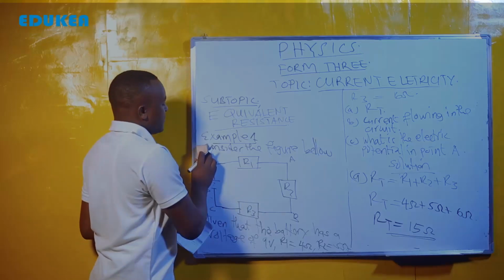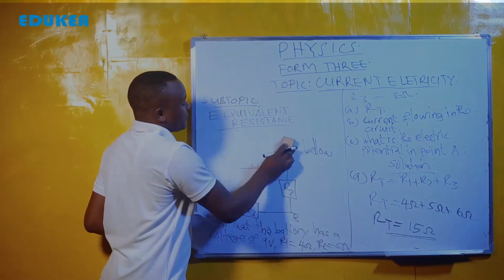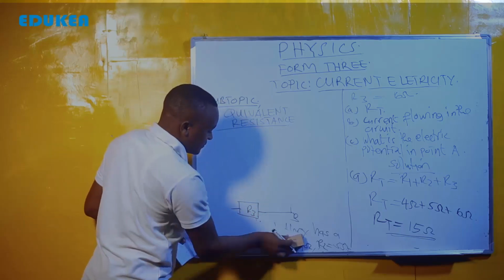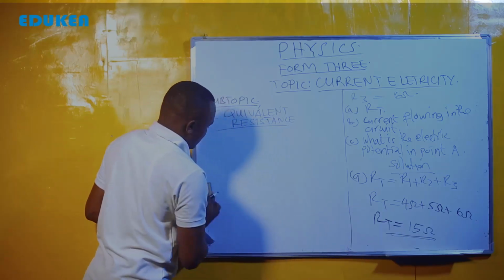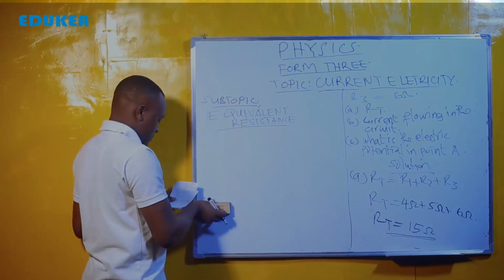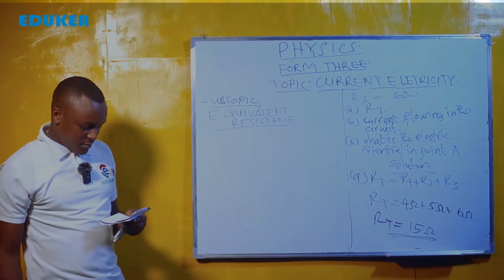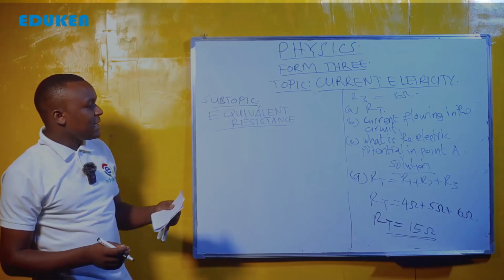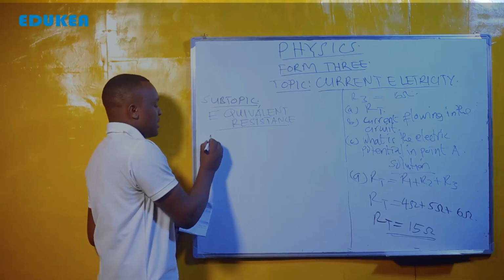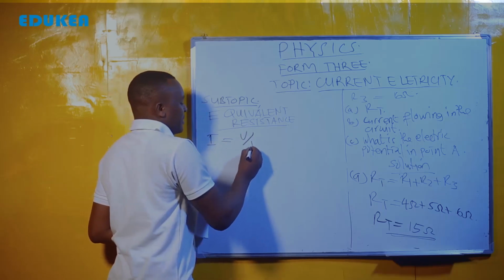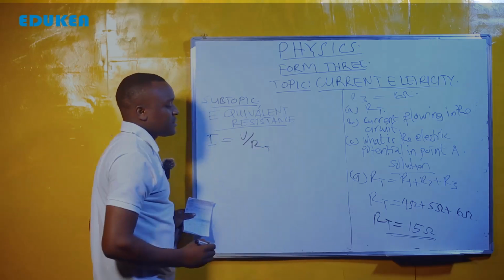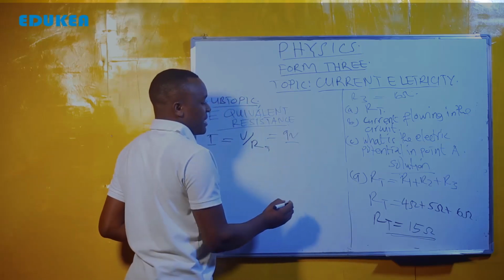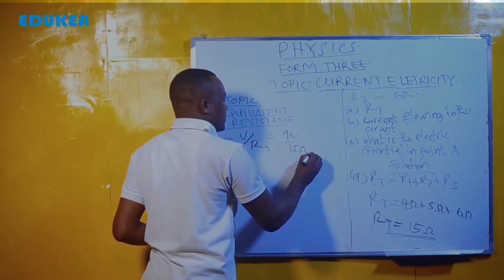In part B, we are required to find the current flowing through the circuit. To find the current flowing through the circuit, we can say current is equal to voltage divided by the total resistance. And the voltage you are given is 9 volt, then we divide by the total resistance, 15 ohm.